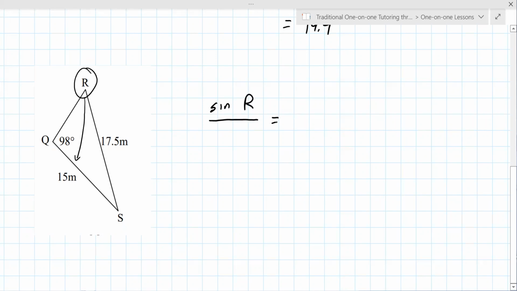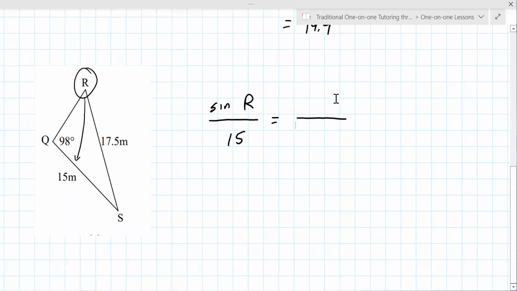So this time it's angle on the top, side on the bottom. So you need the side across from R, which is 15. Why can't we solve for S? Because S doesn't have a side across from it. It's missing too much information for that.